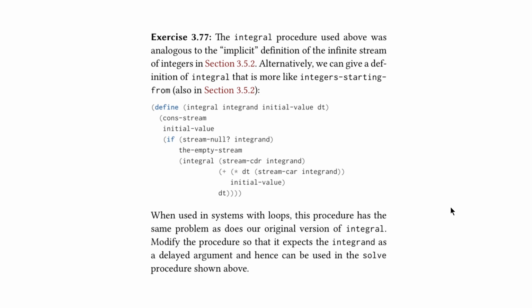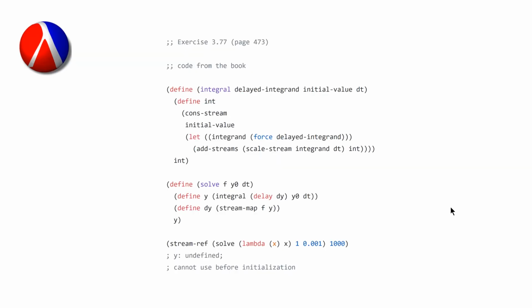However, if we take a look at the code that the book presents us with that sort of leads up to this question, we have this integral with a delayed integrand. But when I tried to run this, it actually just said y is undefined, and there's a note in the book that says depending on the variant of scheme that you're using, you might need to tweak this code in order for it to run.